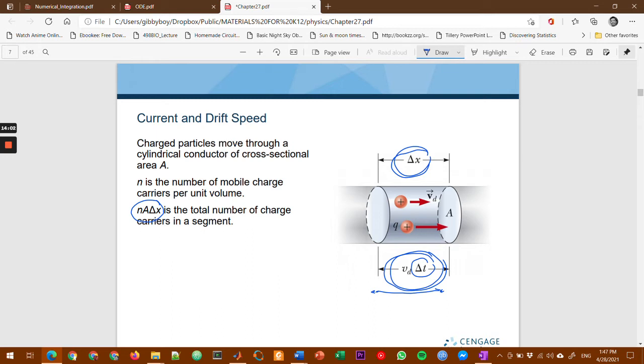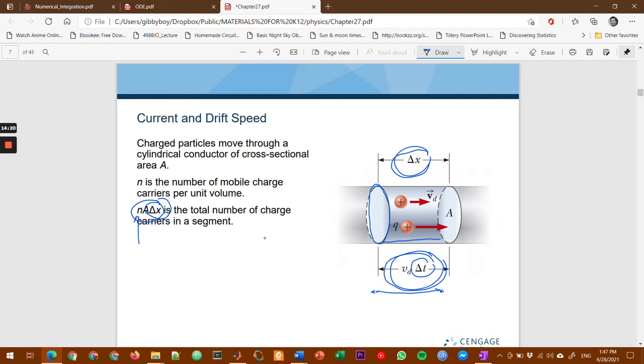If you have N, the number of mobile charge carriers per unit volume, and multiply it with area A times delta X, that is actually volume.